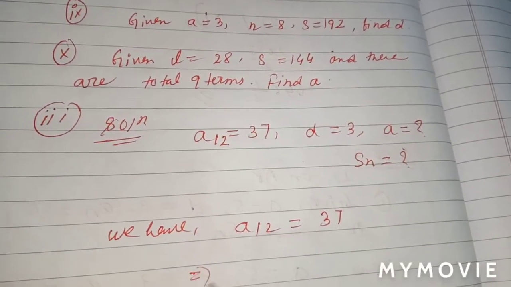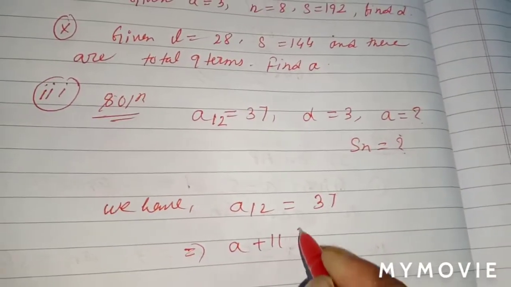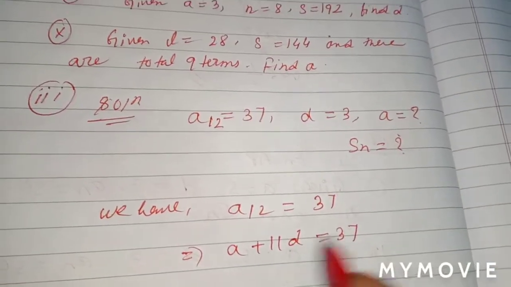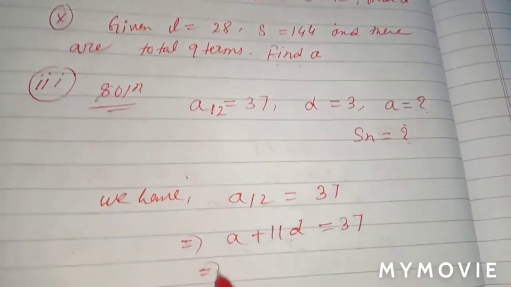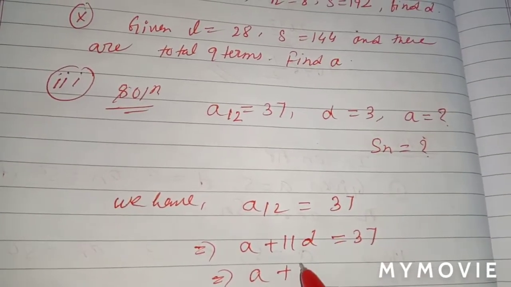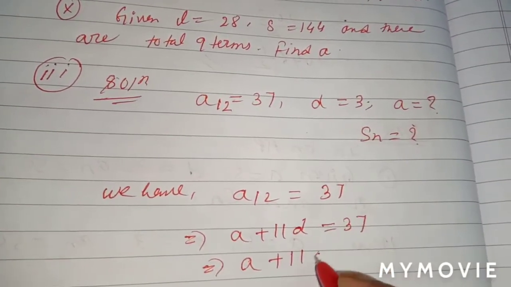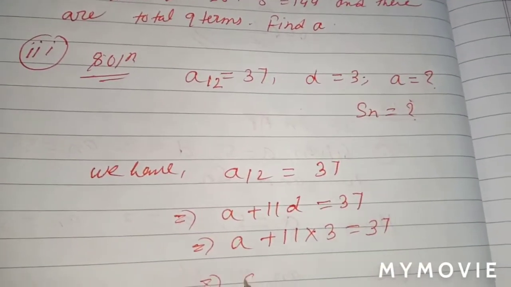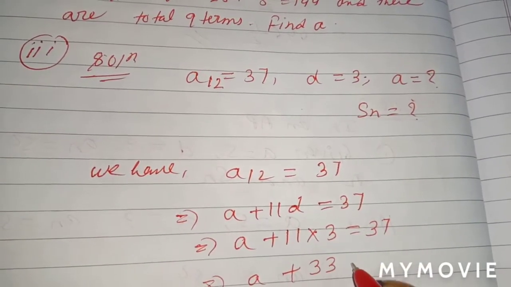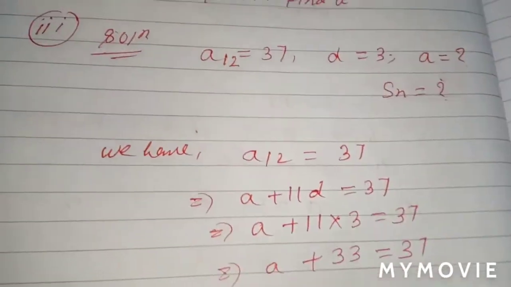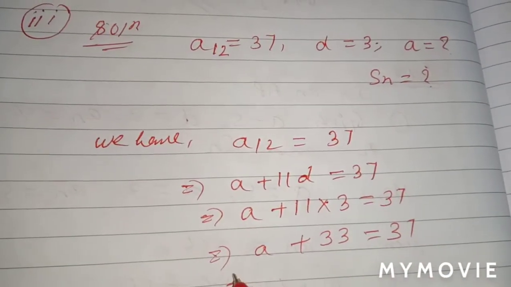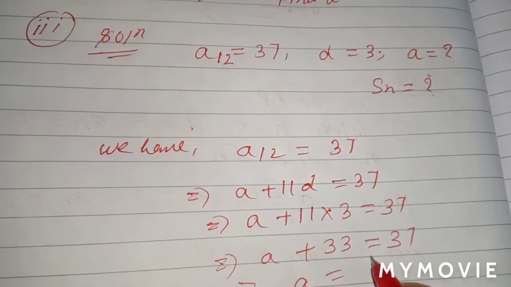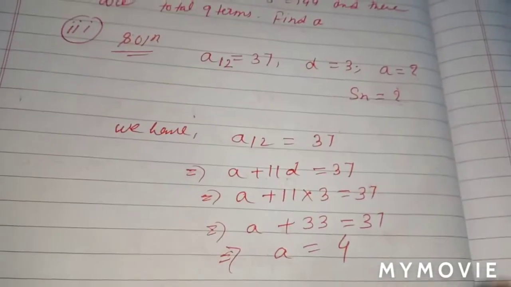A12 means A plus 11D, which is 37. What is the value of A? You need to find out. The value of D is 3. So A plus 11 into 3 is 37. Now 11 threes are 33, so A plus 33 is equal to 37. If we transpose that to the right hand side, then 37 minus 33, so you got the value of A.